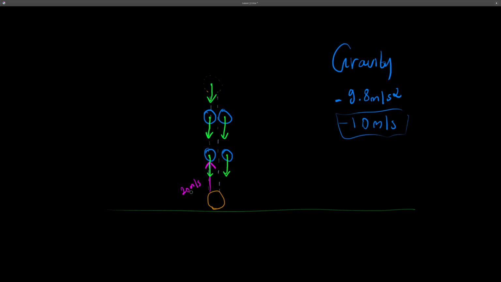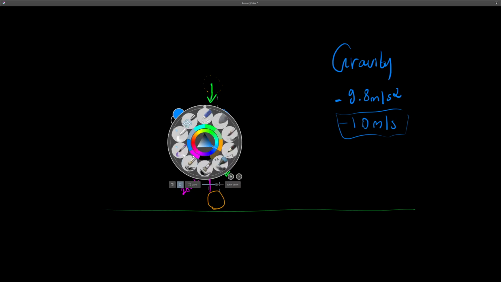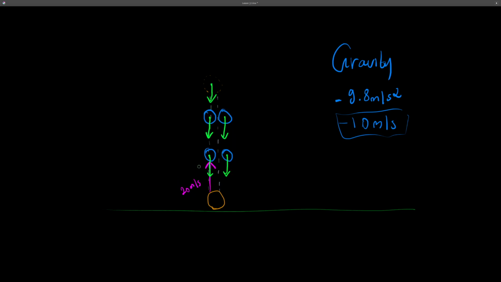So it started with initially 20 meters per second, right? So what we can do is, we know that it started with 20, and we want to know how fast it's going at this point right here. Well, if we know that there's always gravity, there's always the force of gravity accelerating it downwards, then obviously this number is going to change, and it's going to change by this magnitude.